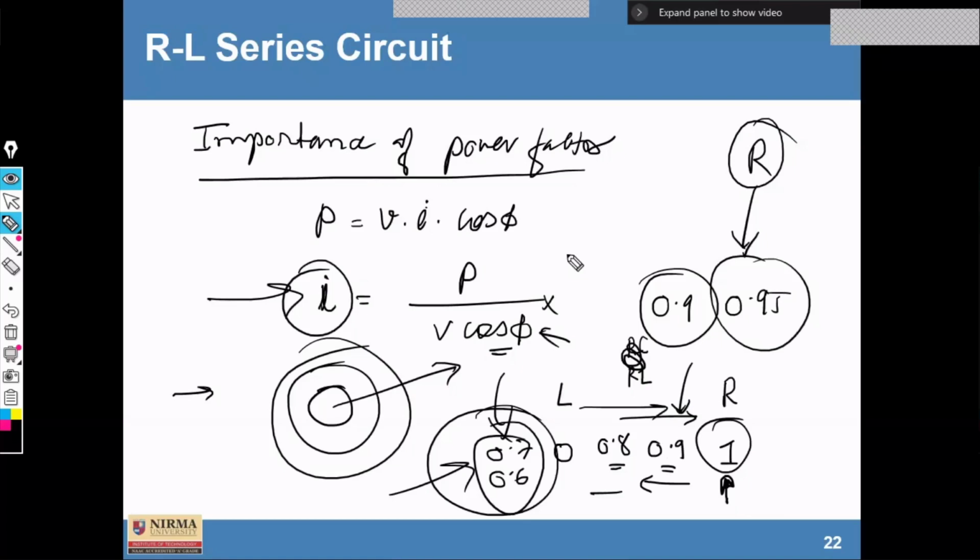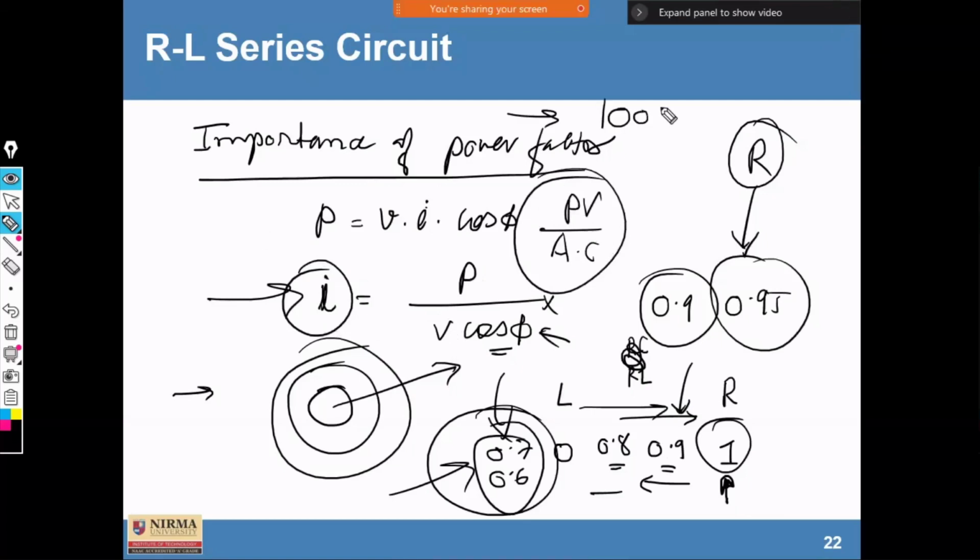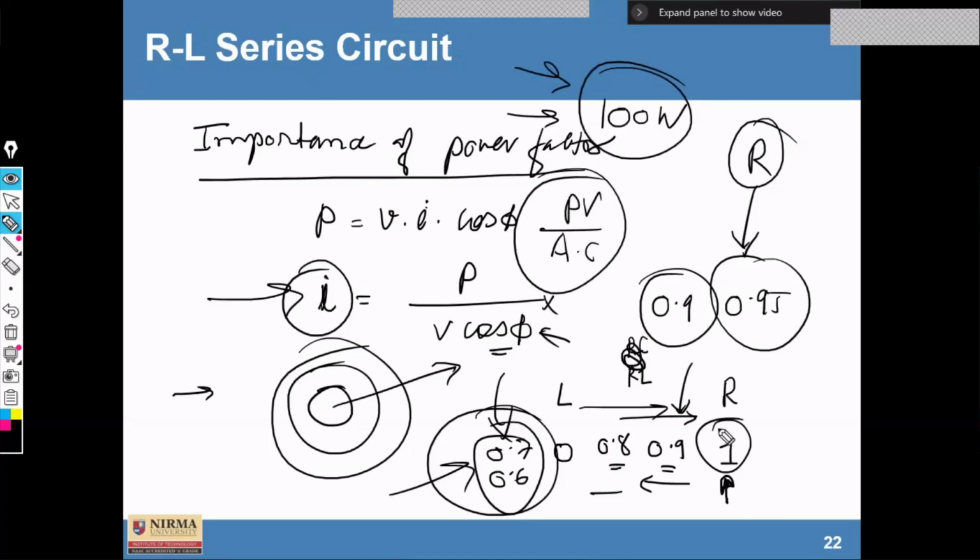So this is number one. Number two is poor power factor. So VI cos phi, apparent power and active power. If we take the ratio, we can find out the efficiency also. In the first case, I had written 100 watt consumption, so efficiency is 100% because the power factor is 1.